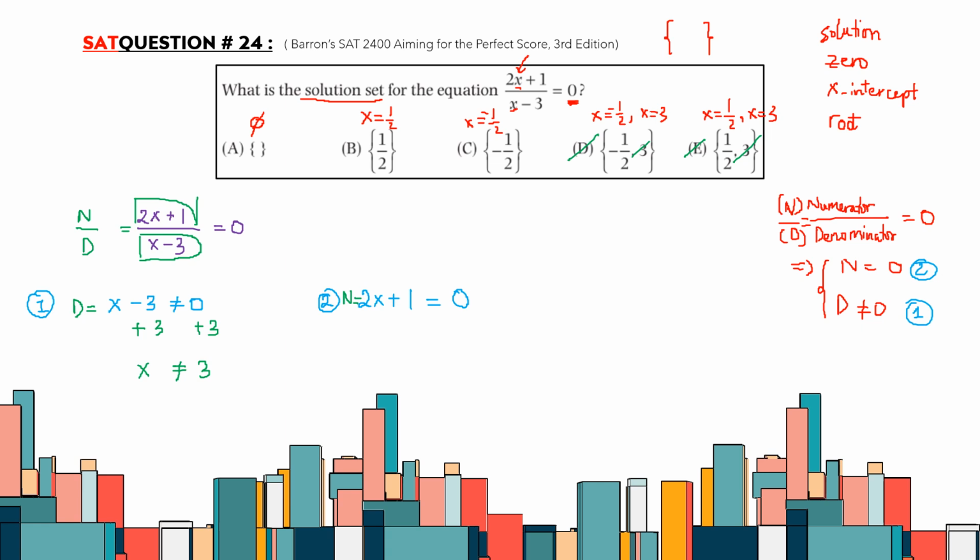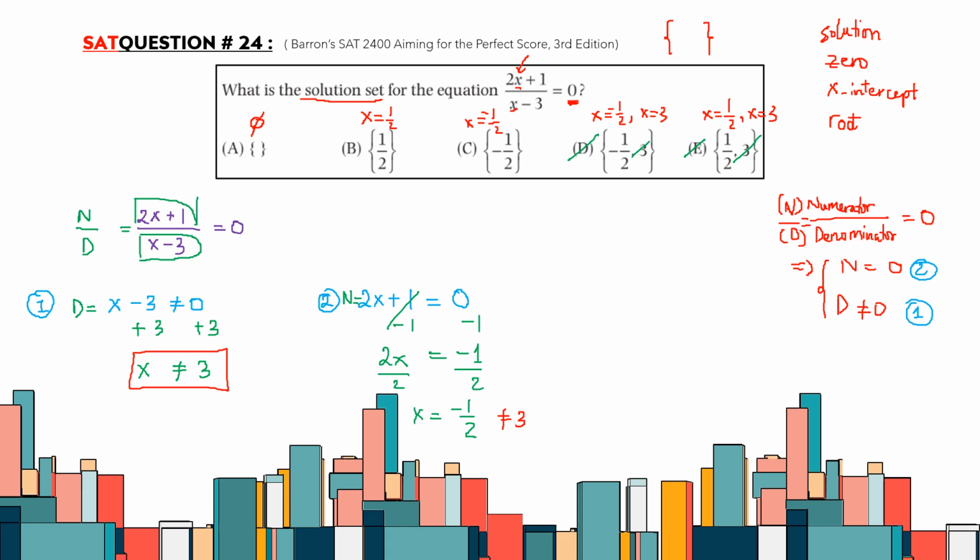Now we go ahead and solve for the numerator equals 0. We subtract 1 from both sides. We have 2x on this side, this cancels, equals negative 1. We divide both sides by 2. We have x equals negative 1/2. So negative 1/2 is different from 3, the number right here.